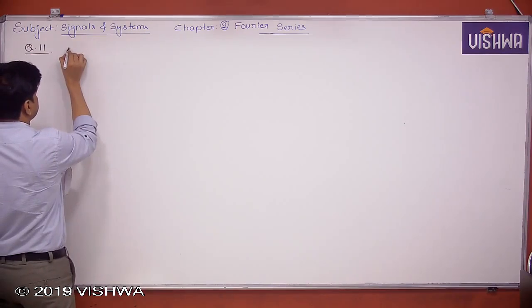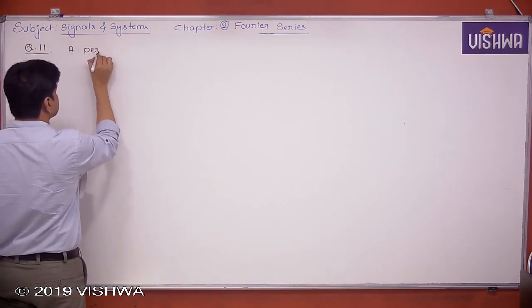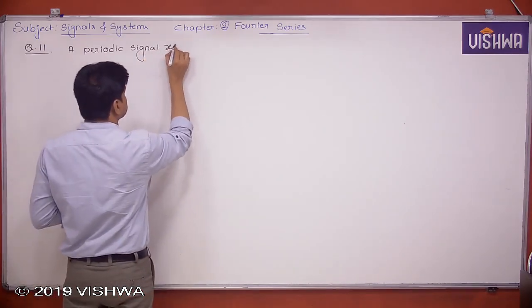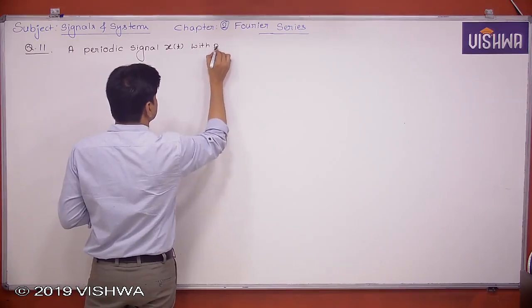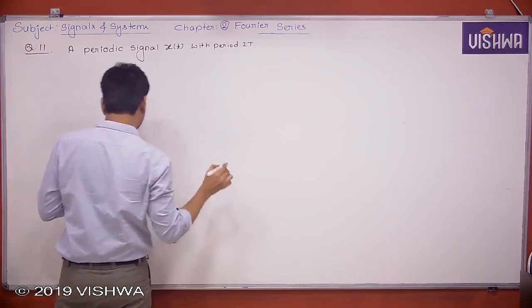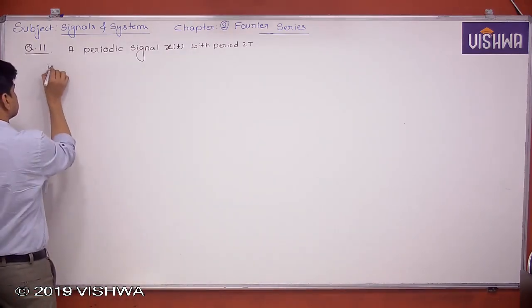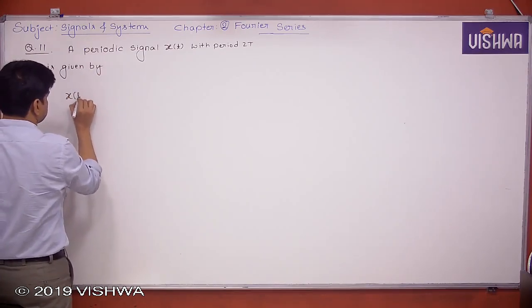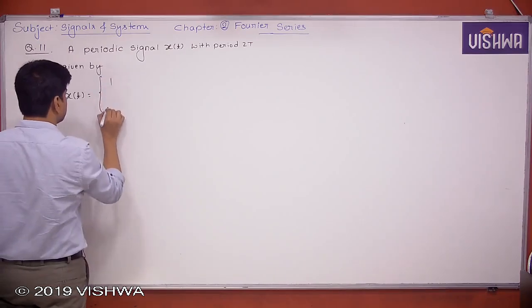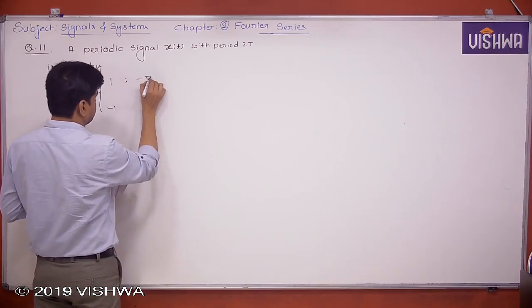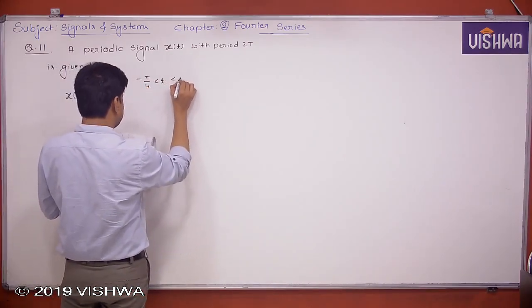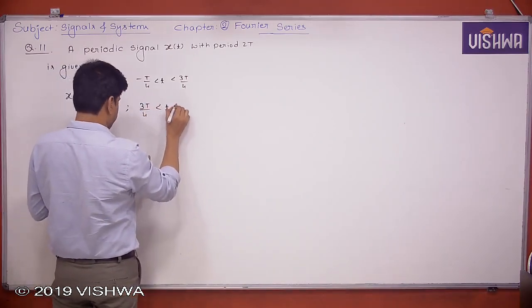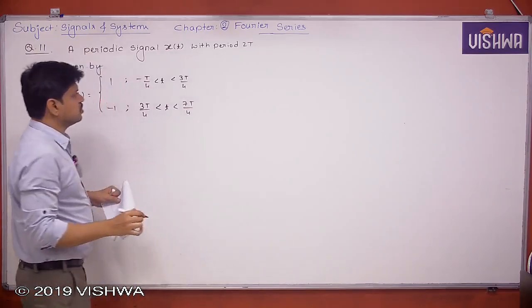A periodic signal x of t with the period 2T is given by x of t is equal to 1 for minus T by 4 less than t less than 3T by 4, and minus 1 for 3T by 4 less than t less than 7T by 4.